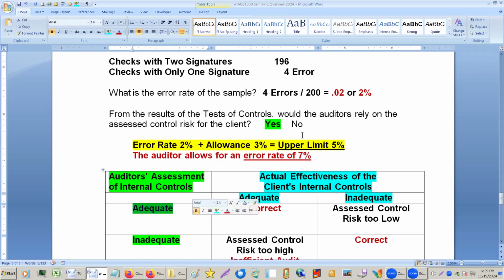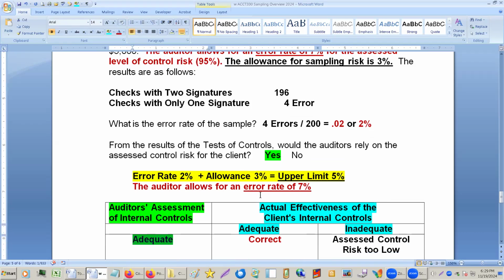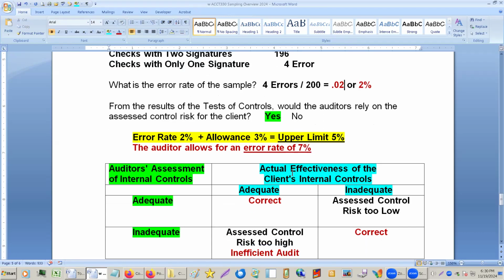We got our sample, maybe it's like this up here. Okay, we're at the 5% level. We can rely on these controls. Well, maybe it just happens to be that your sample does not match up with the population as a whole. Maybe the true error rate is 8% or 9% or whatever it is. But your sample that you just happen to pick shows that it's at 2%. So you think everything's okay when it's not.